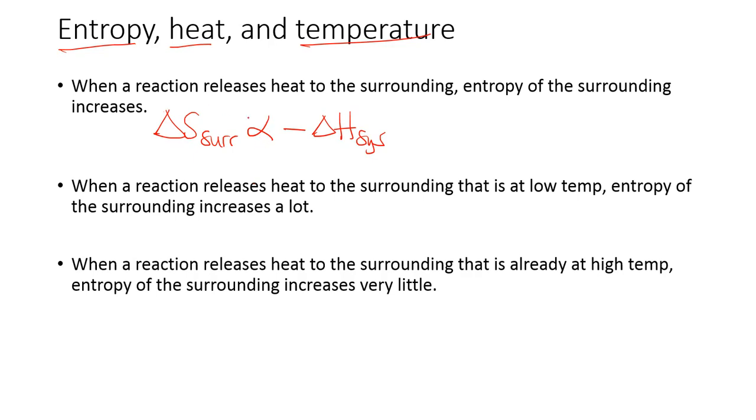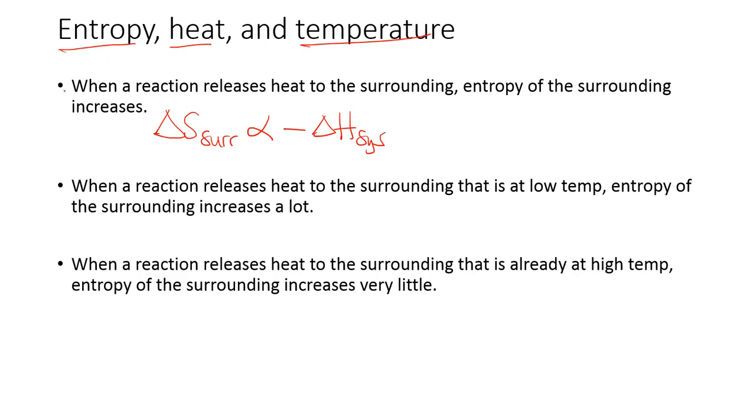Remember, this is not equally designed. This is proportionally designed. So delta S surrounding is proportional to negative delta H system. This tells us when a reaction releases heat to the surrounding, entropy of the surrounding increases. That is one situation.